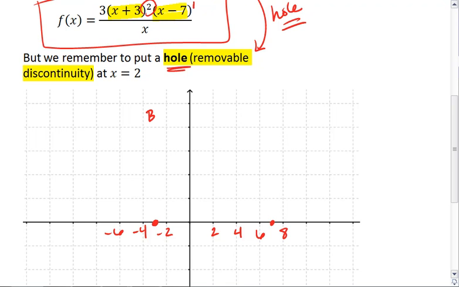X minus 7 has an exponent or multiplicity of 1, which means we cross. We then look at the denominator for our vertical asymptote. We have one vertical asymptote at x equals 0, and since there's an implied exponent of 1, then we go to opposite infinities.